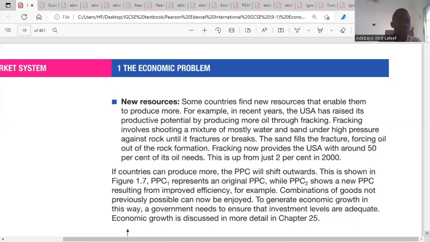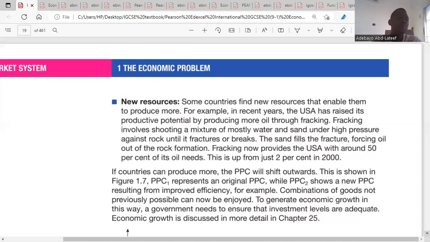Education and training would also increase the technical know-how of your workforce, and that would improve productivity. And the last one is new resources. When new resources are discovered in a country, like in this country now there is a new oil found or whatever it is, this will increase the output of that country. So all these ones will shift the PPC outward.